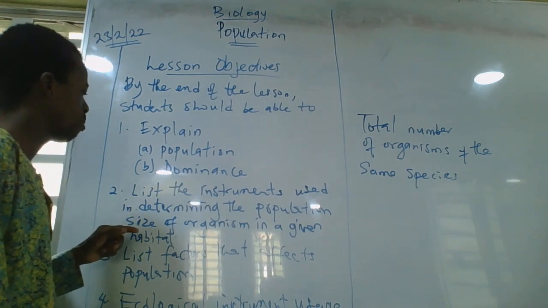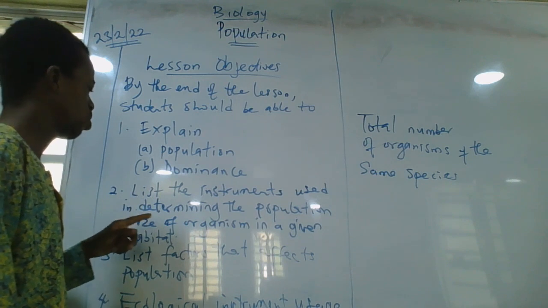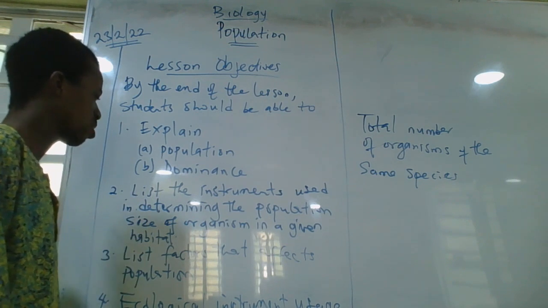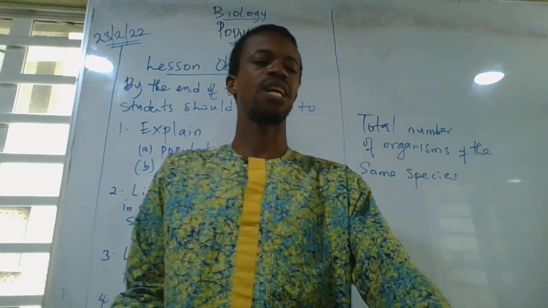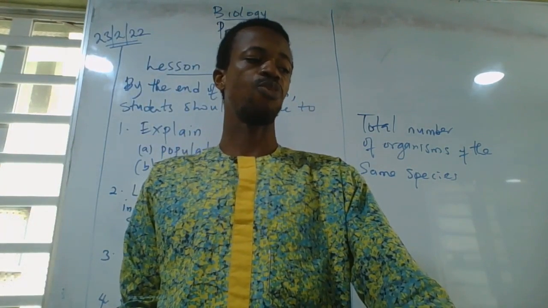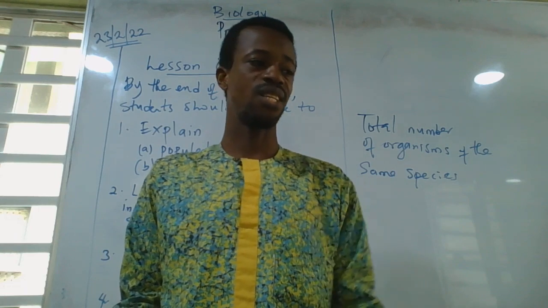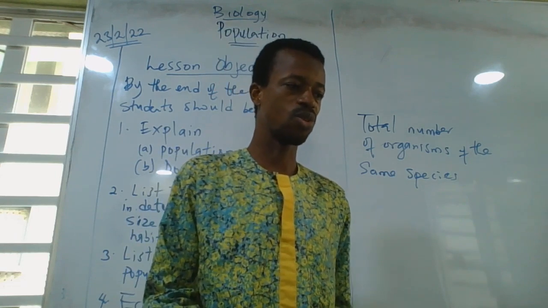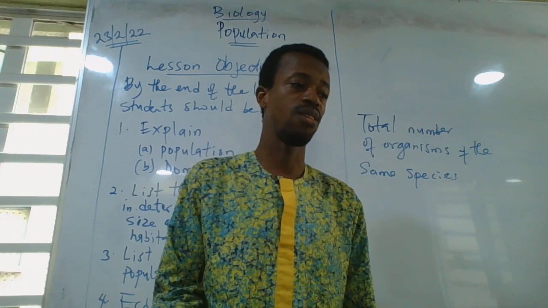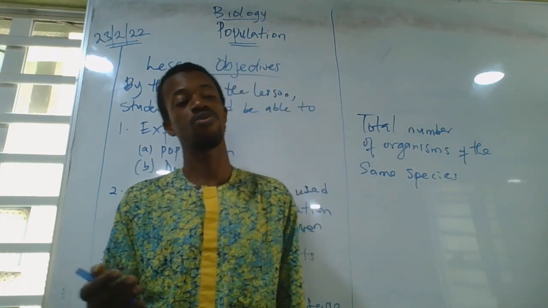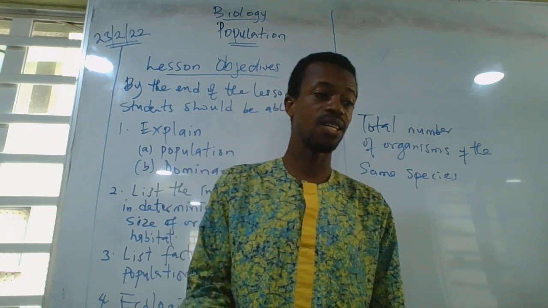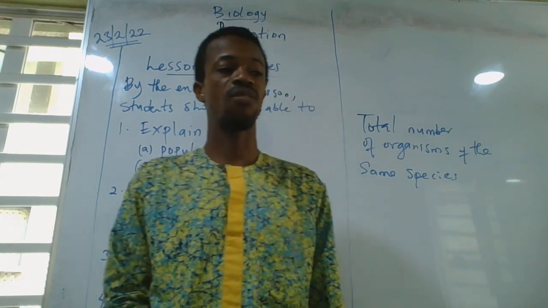So we are going to talk about the instruments used to determine the population size of organisms in a given habitat. We have different kinds of instruments that we use. But before we go, we have to consider some characteristics that are attached to population. First one is population size. Another one is population density, another is population frequency, population percentage, percentage cover and distribution.